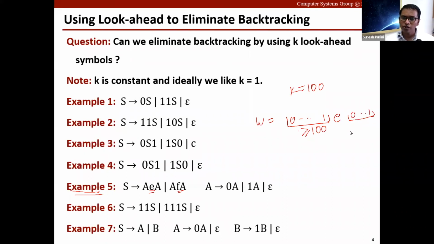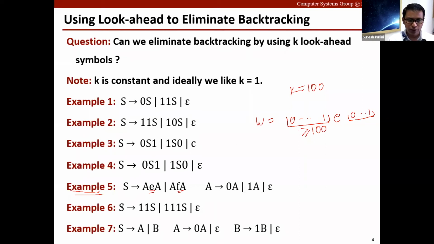So no matter how many lookahead symbols you use, E could be appearing farther down in the particular string W, and you will not be able to deterministically pick whether you should be using the substitution rule 1 or the substitution rule 2.